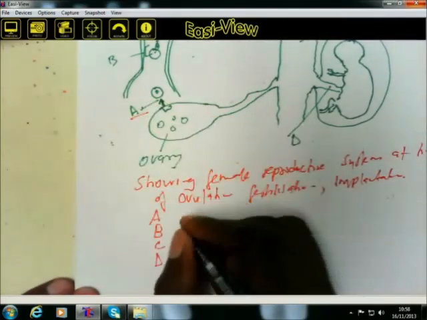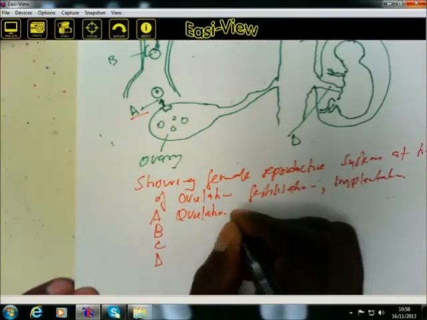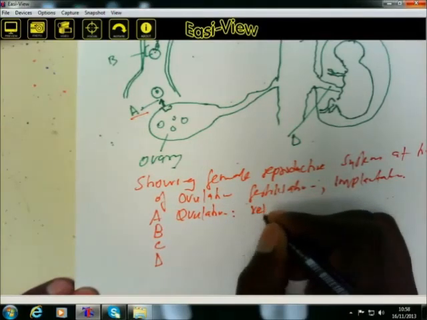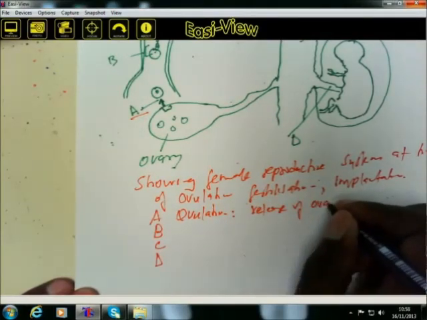Process A is ovulation. What is ovulation? It's called the release of the ovum.